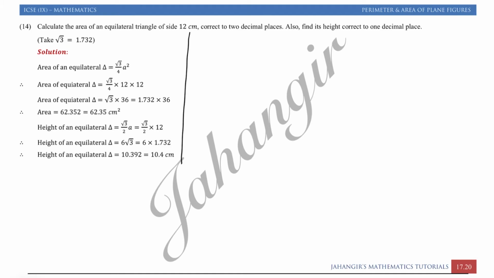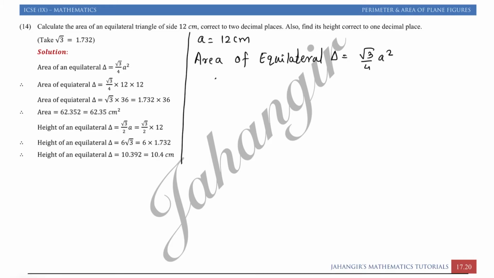Calculate area of equilateral triangle of side 12 centimeter, correct to 2 decimal places, and height correct to 1 decimal place. So already we have side, we can write a is equal to 12 centimeter. So directly we will put the formula for area of equilateral triangle, which is equal to root 3 by 4 into side square.